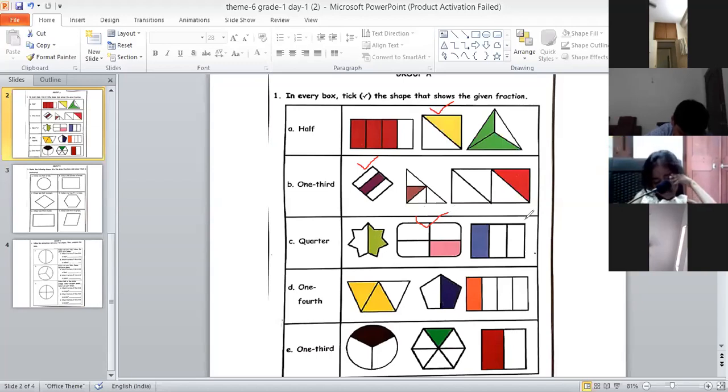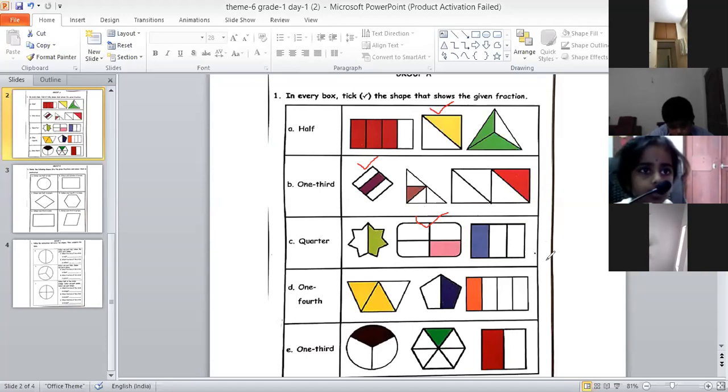Tanvishree, please unmute yourself. Now tell me, this rectangle is divided into how many parts? 3 parts, ma'am. Very good. And out of 3, how many are shaded? 1.